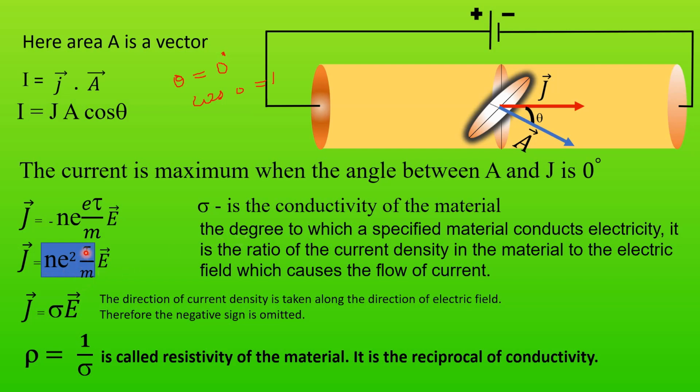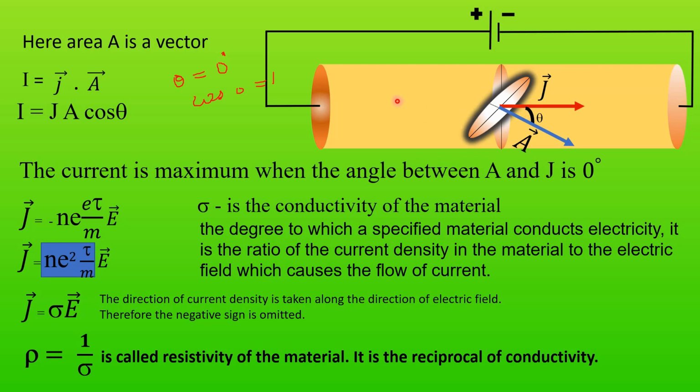So if the temperature is large, due to thermal agitation there will be more collisions, and therefore the conductivity of this particular material decreases.